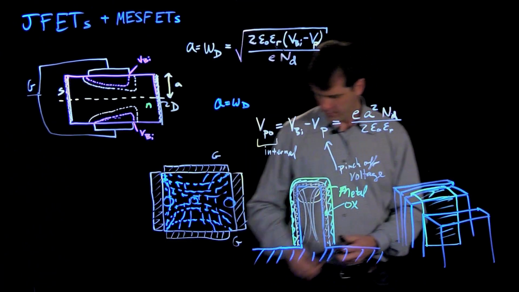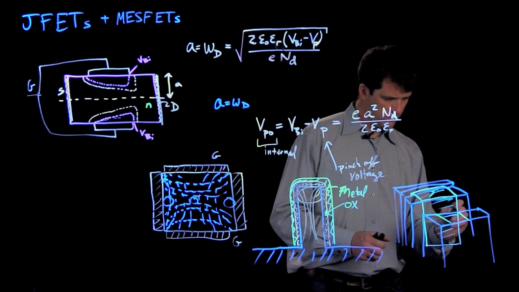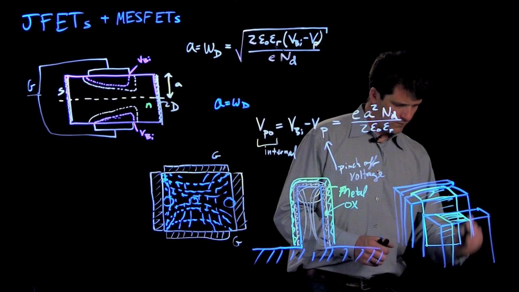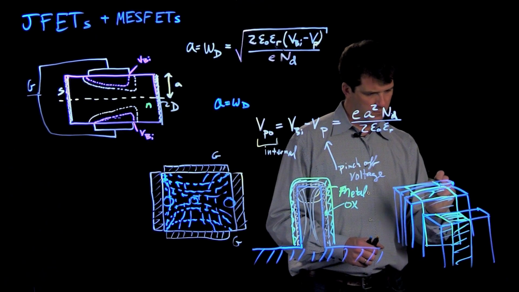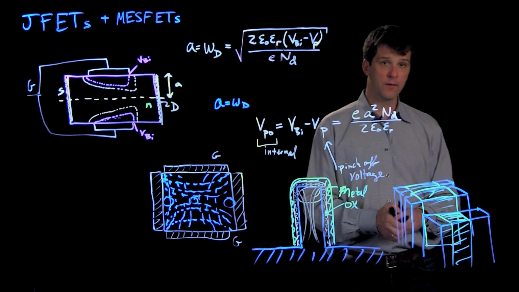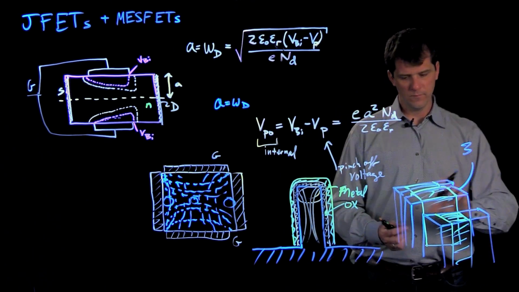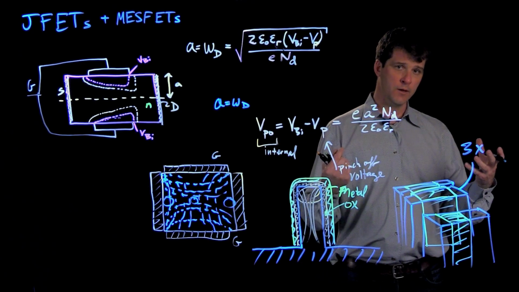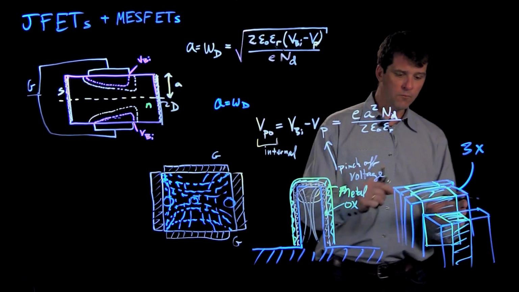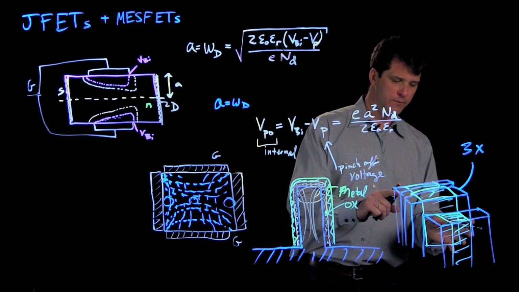Now the tri here could refer both to the gates coming in from three sides on each fin, or the fact that they've added three fins. So compared to the single fin, we've got 3 times the current capacity while maintaining the same degree of channel control.